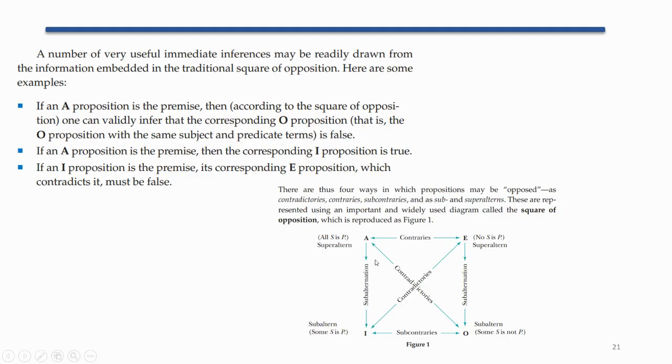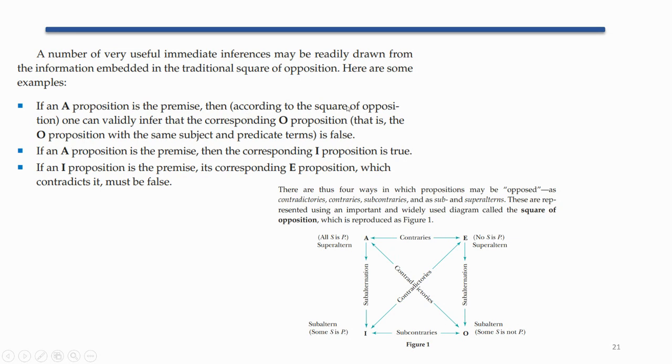So this you can see now. If an A proposition is the premise, if it is given that all S is P, then one can validly infer that the corresponding O proposition, the exact opposition, is false. So that's why they are contradictories.